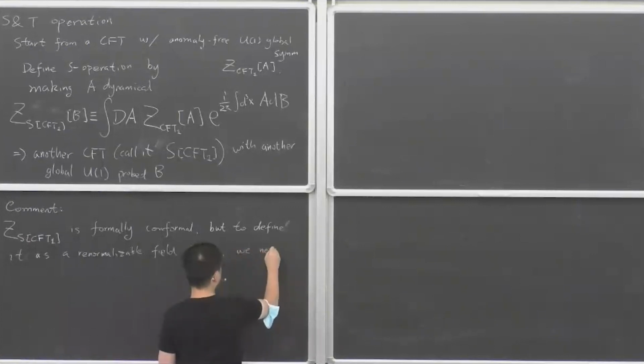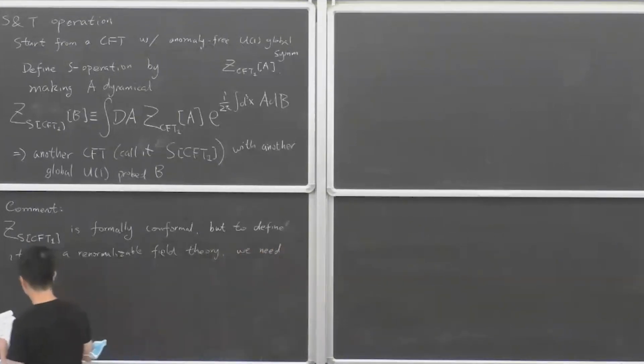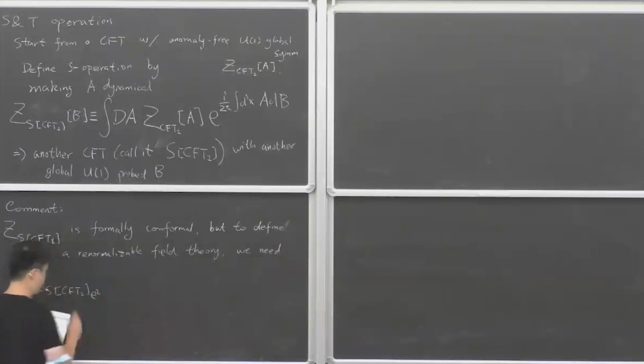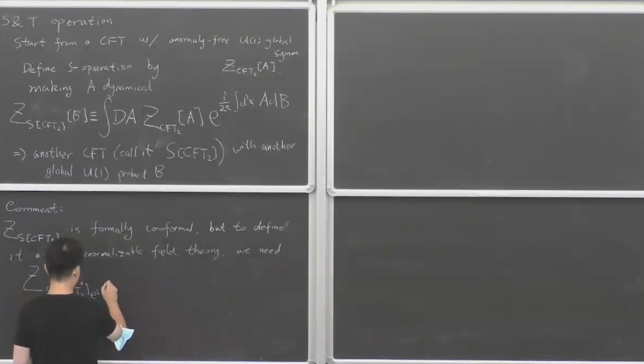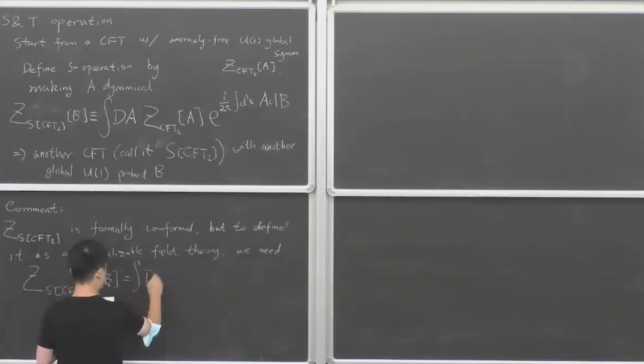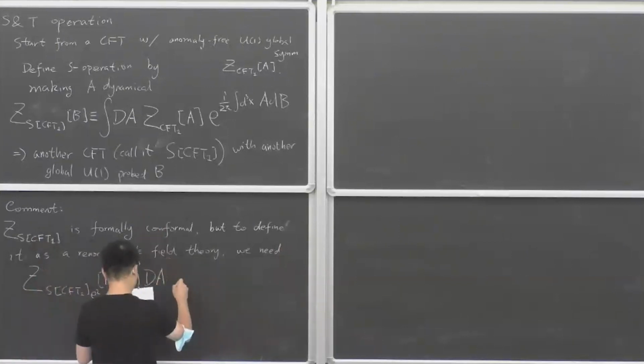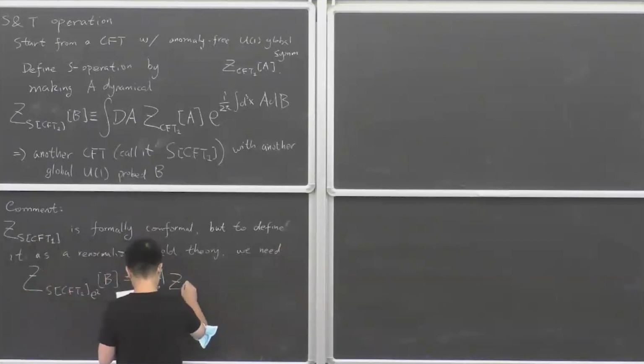So we need to put back in the Maxwell term, which let me write as the SCFT1, but with a coupling e square, which is basically everything up there, but with the additional Maxwell term.